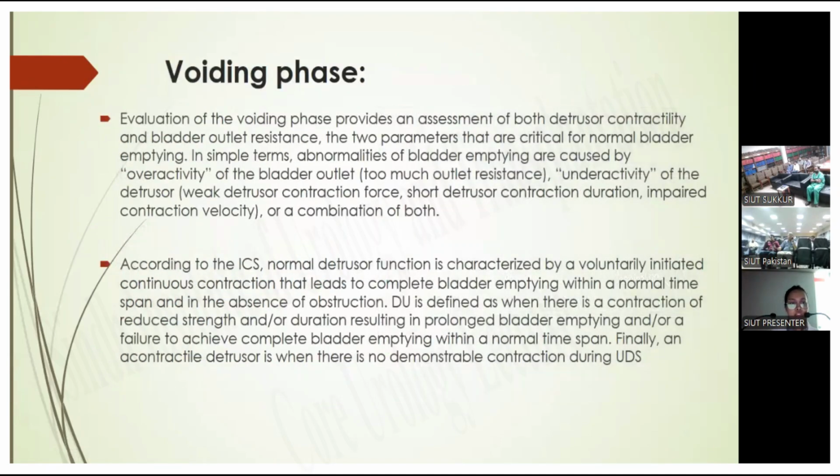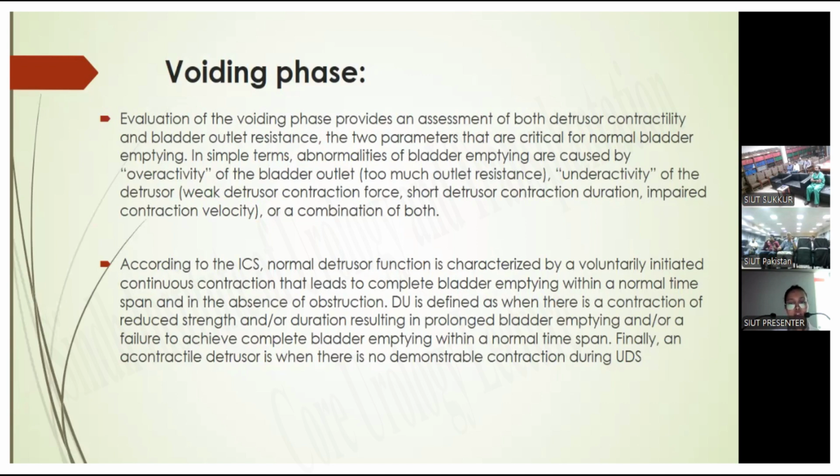Now, for the voiding phase, the evaluation of the voiding phase provides an assessment of both detrusor contractility and bladder outlet resistance, the two parameters that are critical for normal bladder emptying. In simple terms, abnormalities of bladder emptying are caused by overactivity of the bladder outlet, underactivity of the detrusor, or a combination of both. According to the ICS, normal detrusor function is characterized by a voluntarily initiated continuous contraction that leads to complete bladder emptying within a normal time span and in the absence of any obstruction.